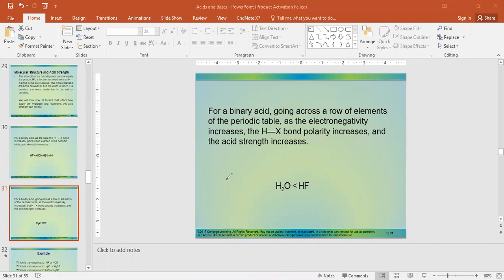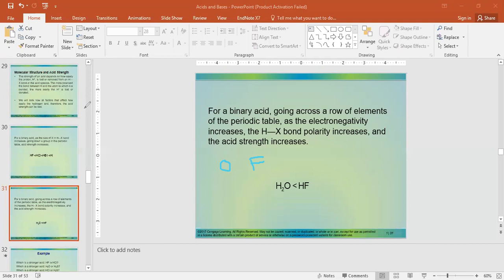So we are looking at oxygen and fluorine. How do we compare this in the periodic table? Now, how can we compare the electronegativities in the periodic table?